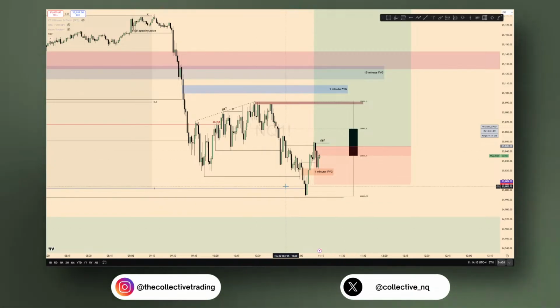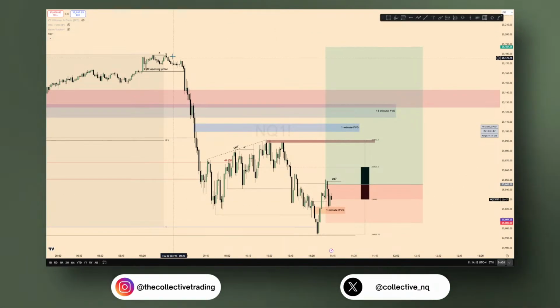Then we have this nice swing low. I'm holding a bit of it to the all-time highs.